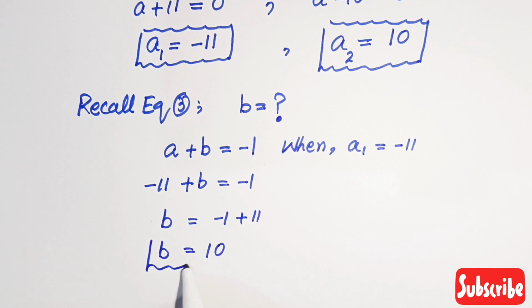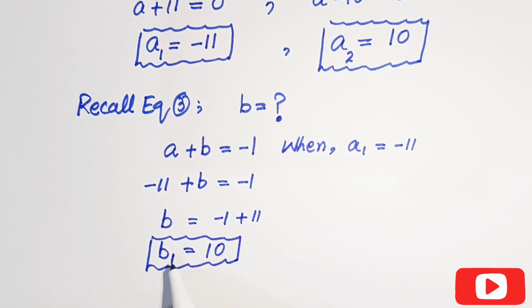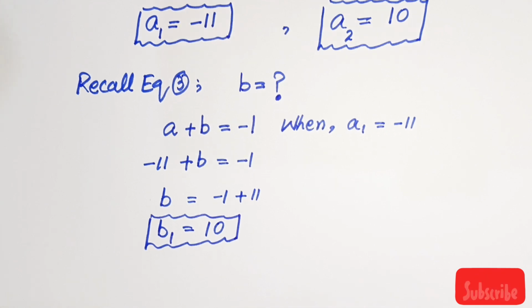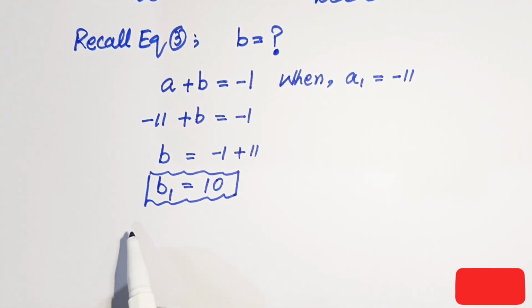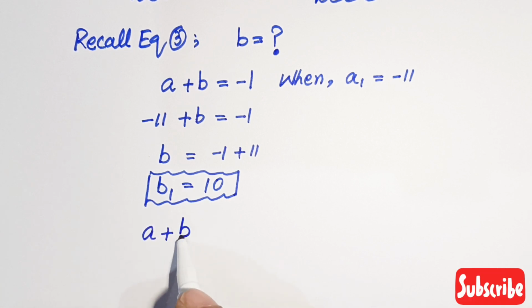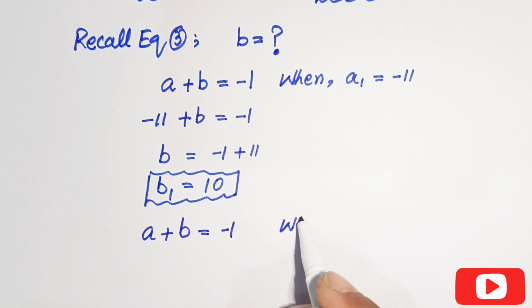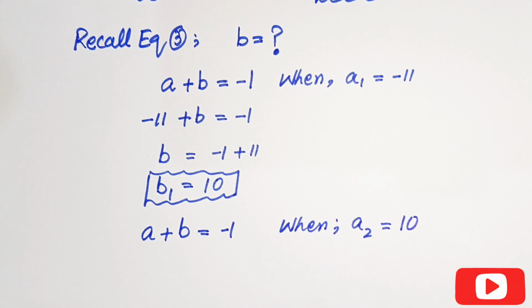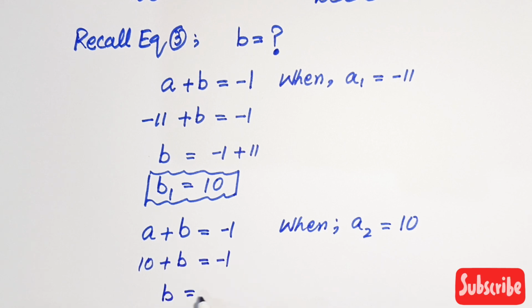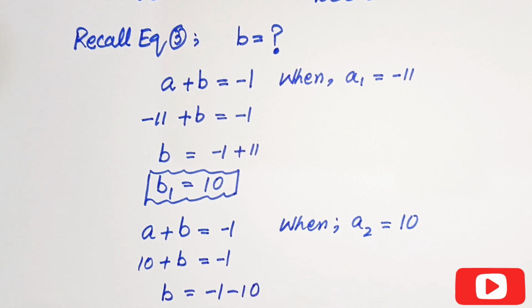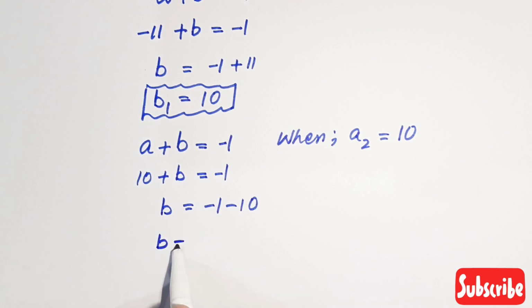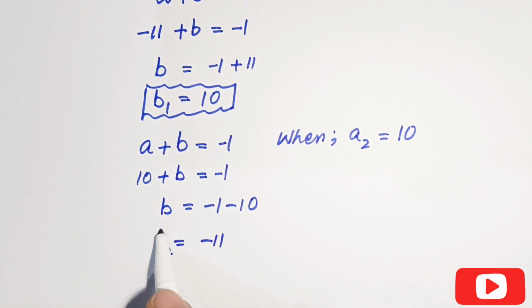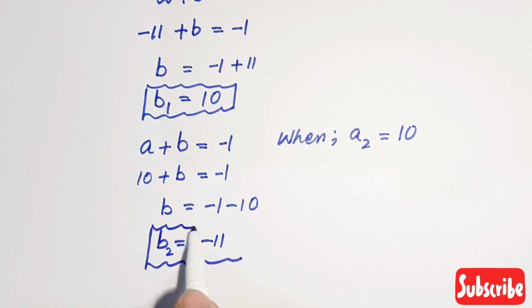So our first value of b, b1, is equal to 10. Similarly, recalling equation 3, when a2 is equal to 10, we get 10 plus b is equal to minus 1, and b is equal to minus 1 minus 10, so we get b is equal to minus 11. This is our second value of b.